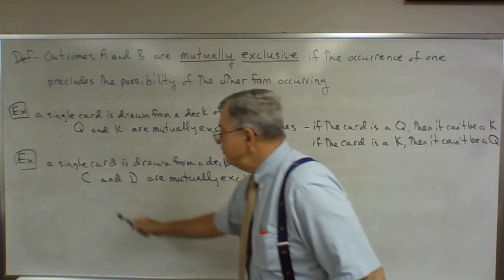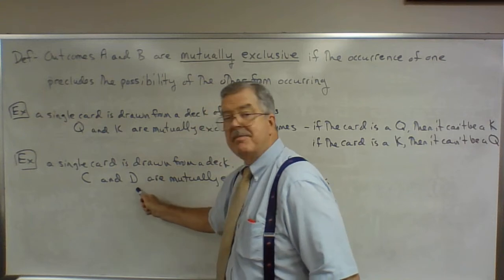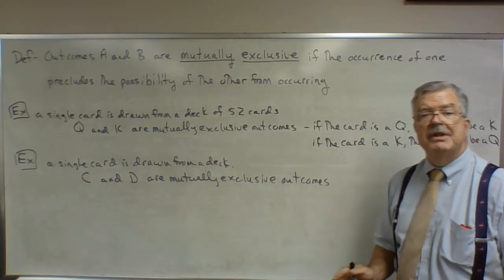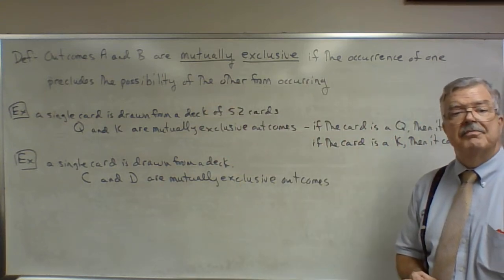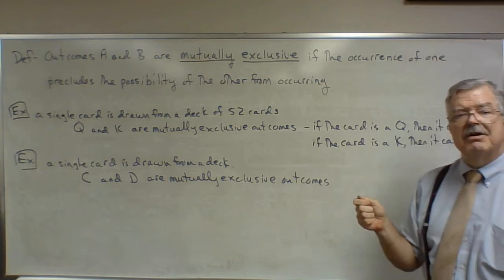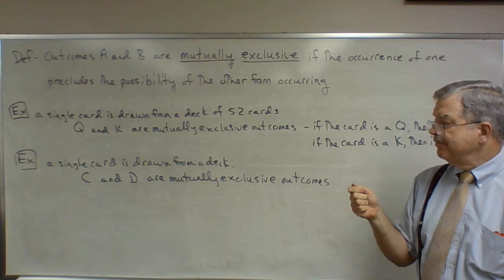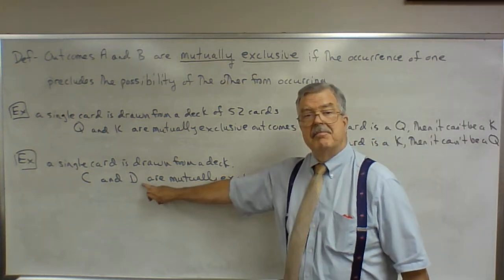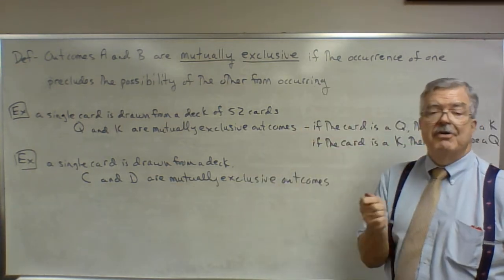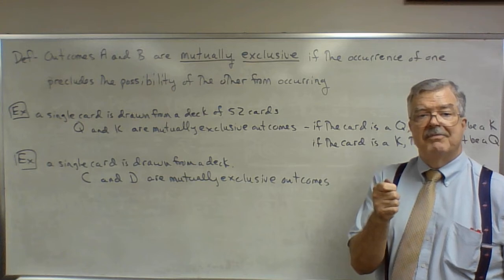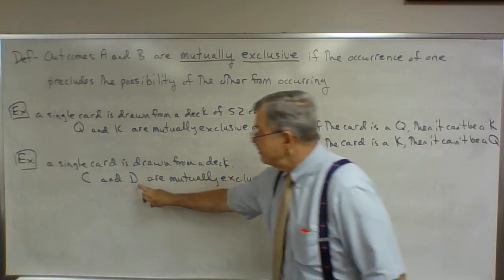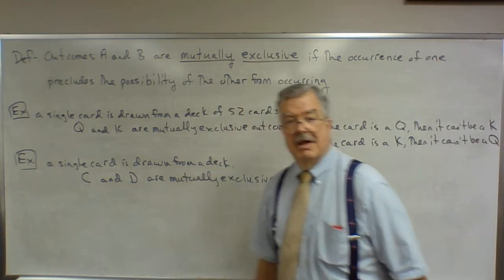The outcome of club and diamond are mutually exclusive outcomes. If we draw a single card from a deck and that card is a club, then it can't be a diamond. If we draw a single card from the deck and that card is a diamond, then it can't be a club.